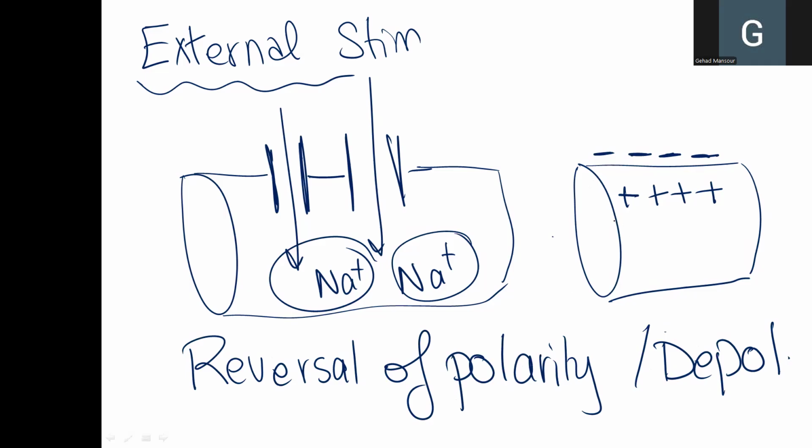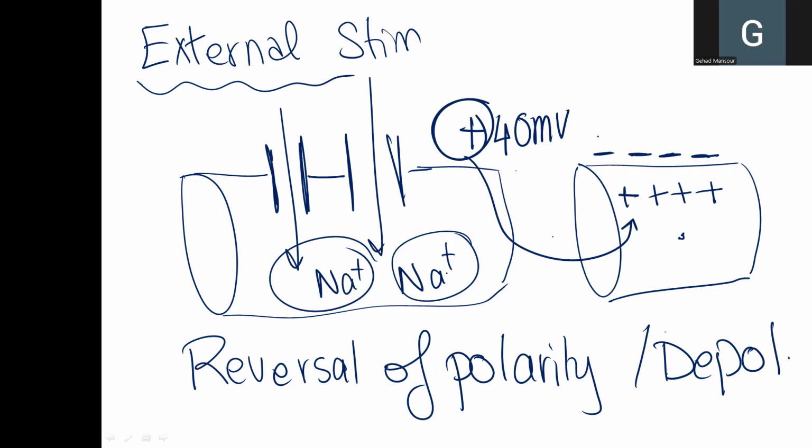Depolarization is the status of the cell membrane when the inside of the membrane is positive relative to the outside. In such a case, for example, the potential difference would be plus 40 millivolts. And the positive sign here is an indication of the inside. So the sign before the value of the potential difference always indicates the status of the inside of the membrane.